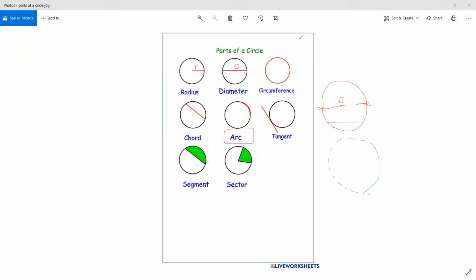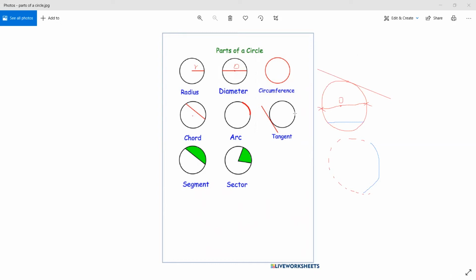The next one is the tangent line. The tangent line is a straight line that is touching a circle at a point. And a tangent line always passes externally. So if I have my circle and a straight line like that, that's my tangent line.